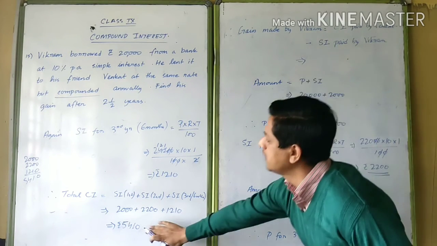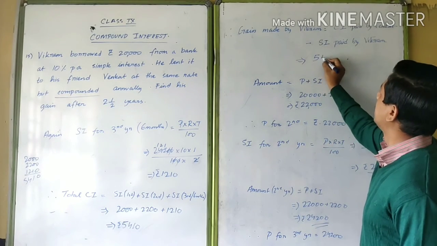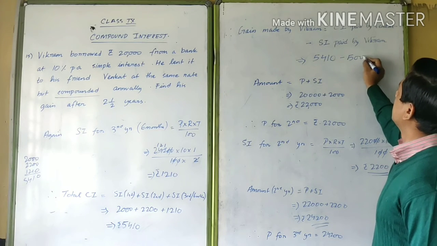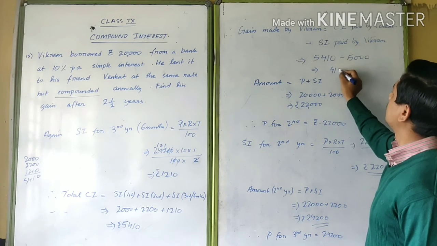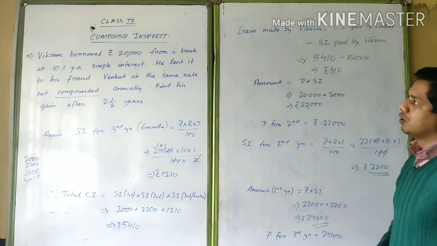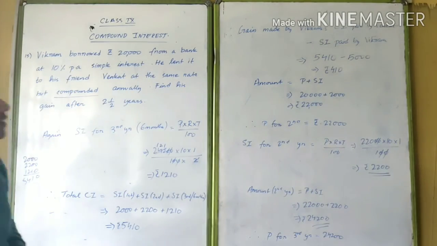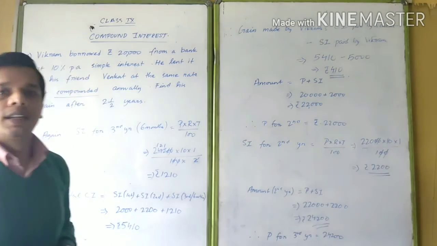The CI paid by Venkat is rupees 5,410 minus the SI paid by Vikram, which was rupees 5,000. So my final answer is rupees 410. So when Vikram borrowed this and lent it to his friend at compound interest, he is going to make a profit of rupees 410.